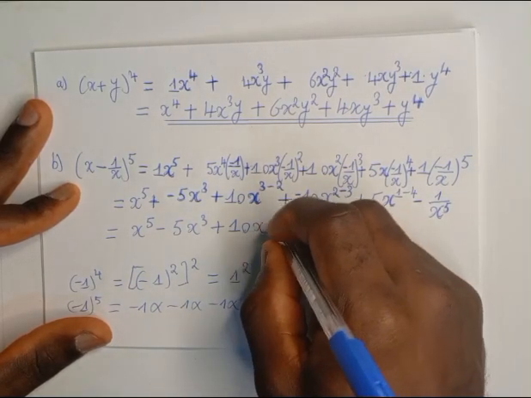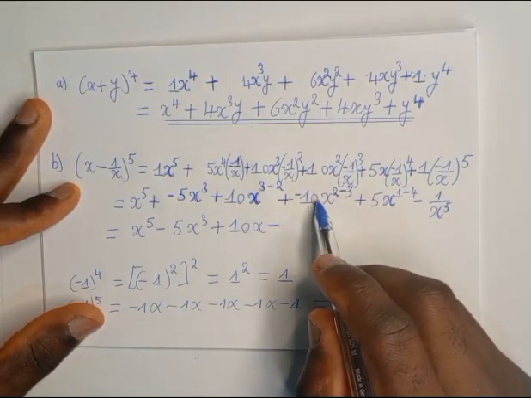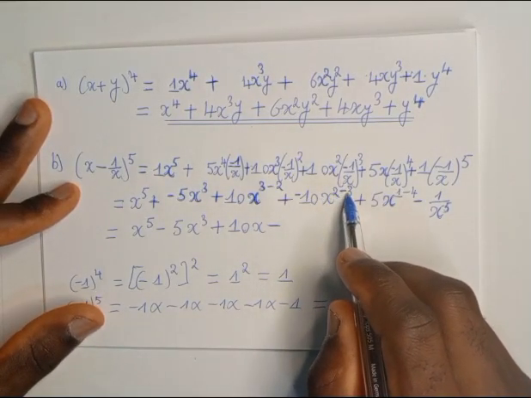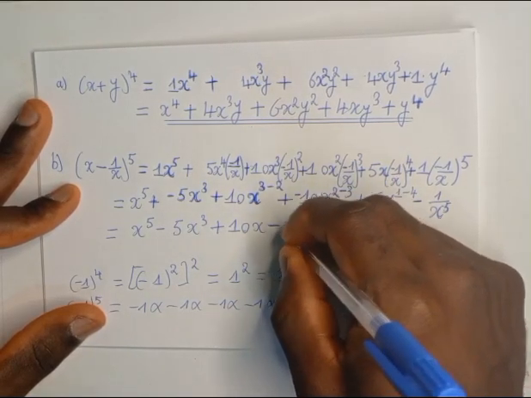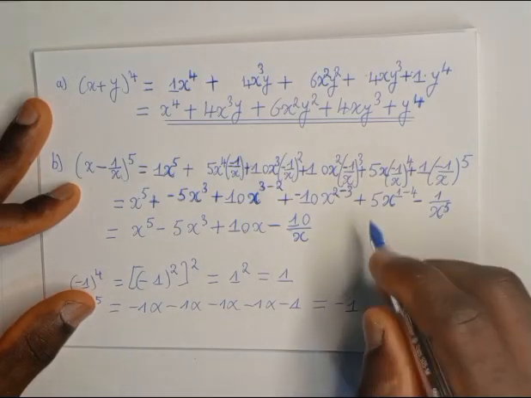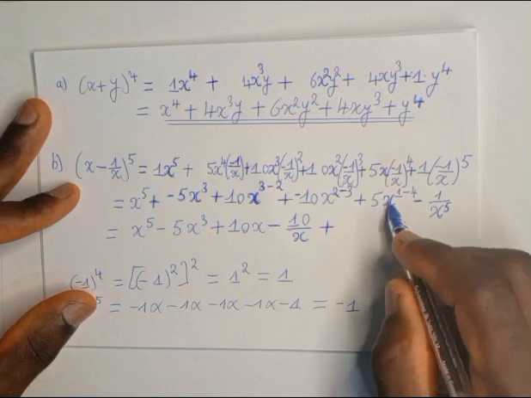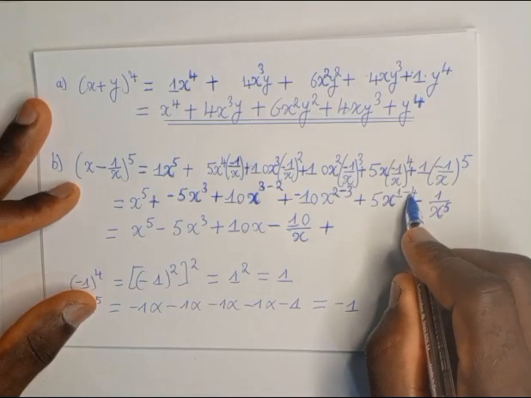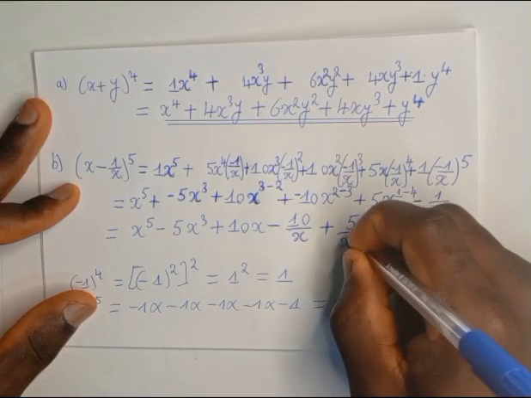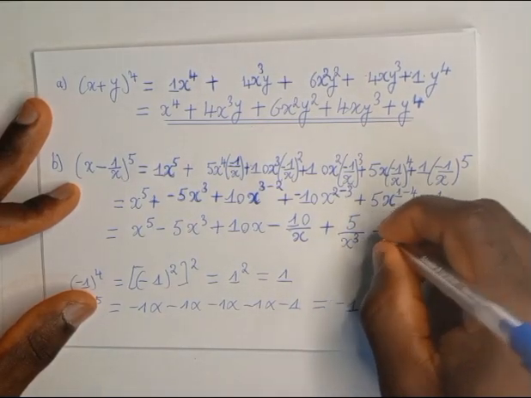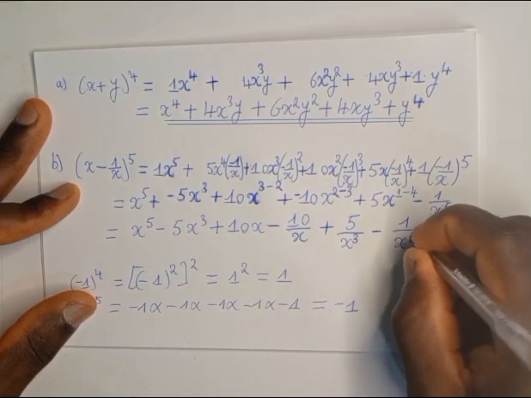Positive, negative, negative will stay, minus 10 times x to the power 2 minus 3 gives negative 1, which is the same as 10 all over x such, plus 5 times x raised to the power 1 minus 4 gives negative 3, which is the same as 5 all over x to the power 3 minus 1 all over x to the power 5.